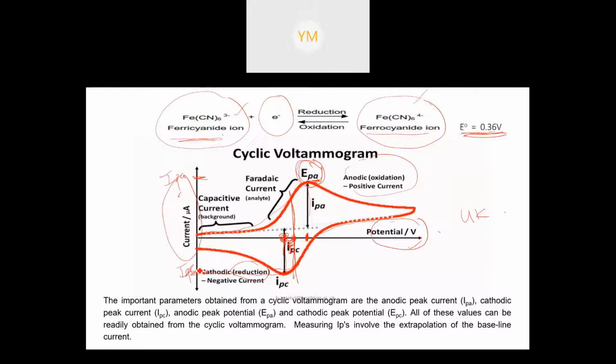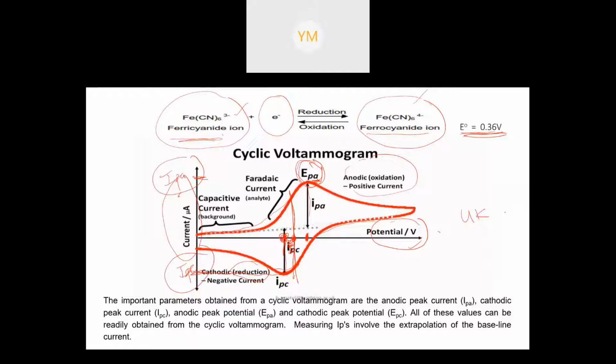So there are four parameters that can be determined from this voltammogram: EPA, the peak potential for the anodic process, EPC, the peak potential for the cathodic process, as well as the anodic and cathodic peak currents. I hope you understand that for a reversible system, you can determine four parameters, and all these values can be readily obtained from the cyclic voltammogram.